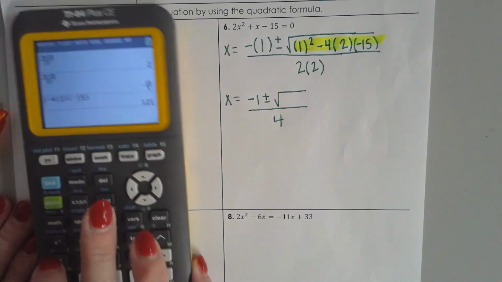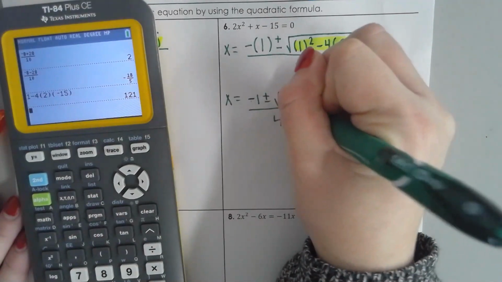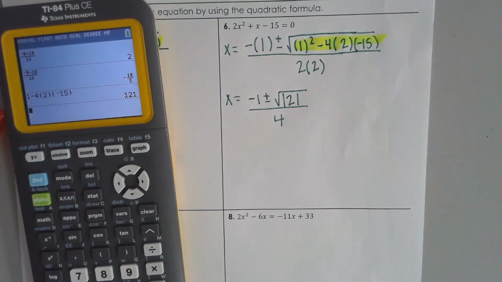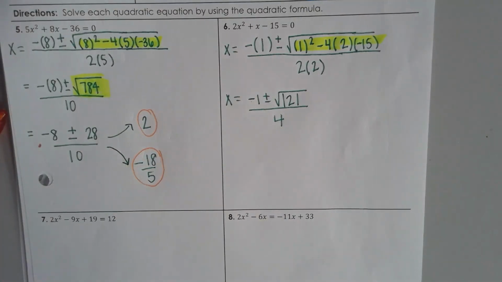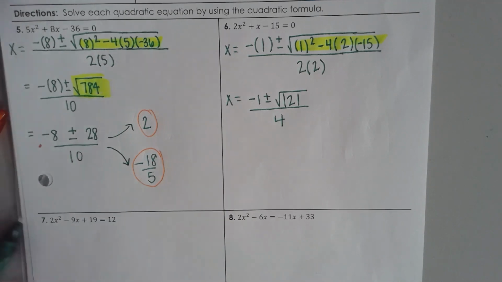What the heck? I got 121. So is that a perfect square? Good.